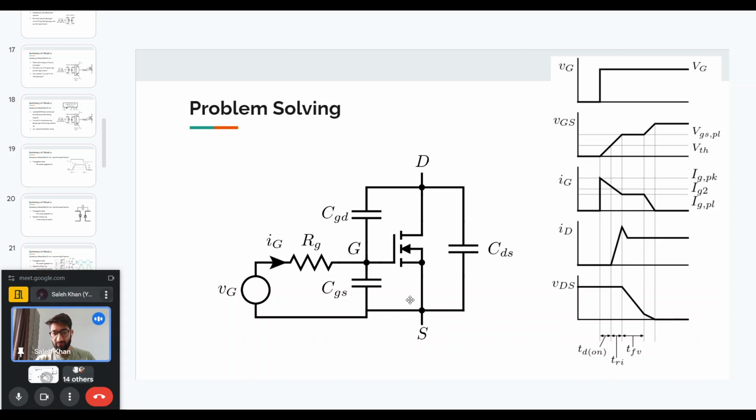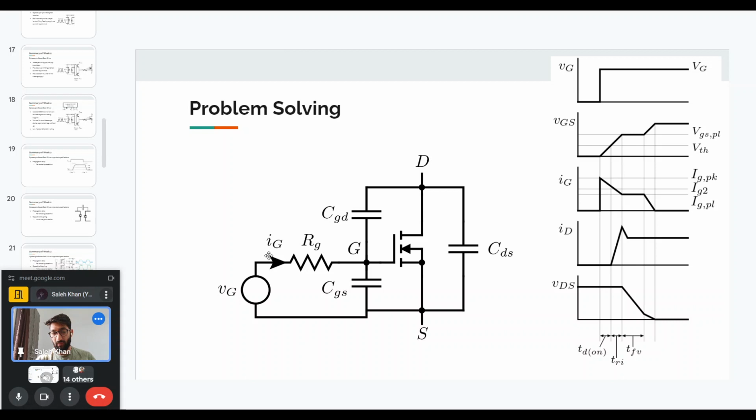If we have these three capacitances, and when we apply the first voltage, first of all, the gate source capacitance starts to charge. So the first portion, from 0 to the Miller portion, during that interval, the gate source capacitance is getting charged.